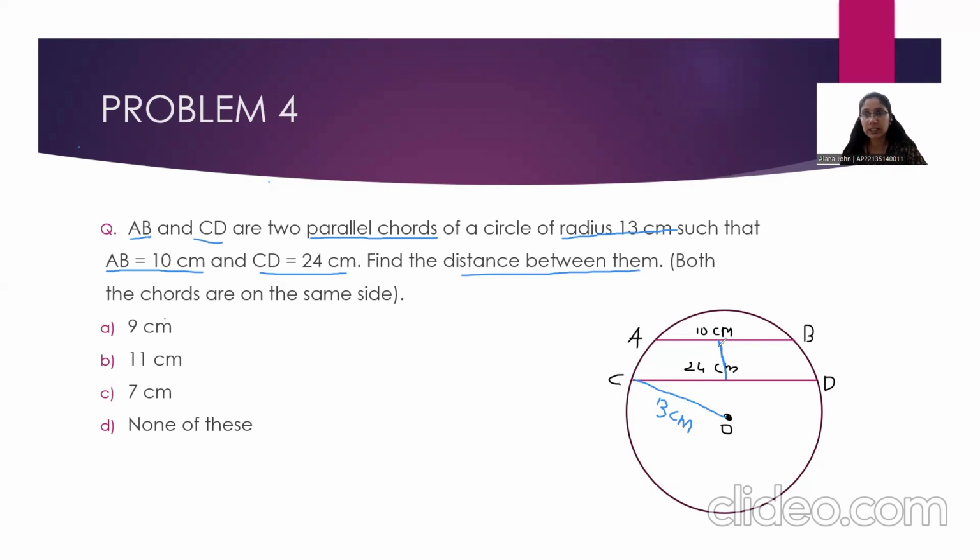But the concept you are using, the theorem you are using, should be precisely the correct one. So let's move on to the solution. Before that, let me erase all these things.